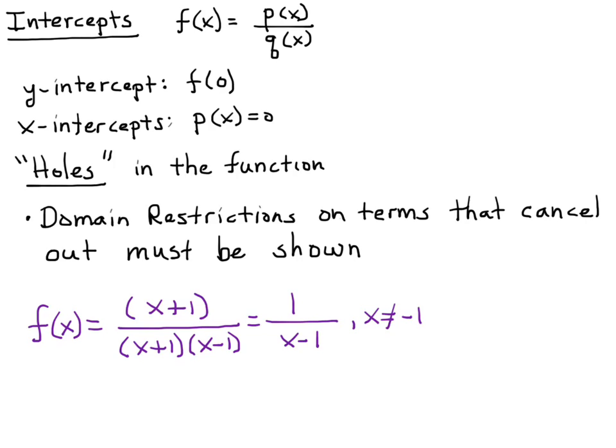So however this thing graphs, when you get to negative 1, you have to put a hole because the domain had a restriction before you simplified it. The simplified function looks exactly like the original function everywhere else, but in order for this to actually be the function, we have to restrict the domain, because in the original function, it couldn't equal negative 1.